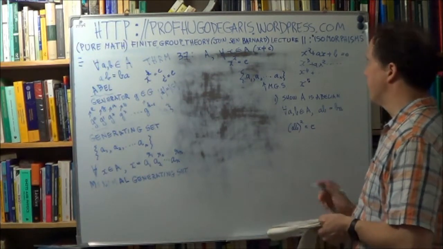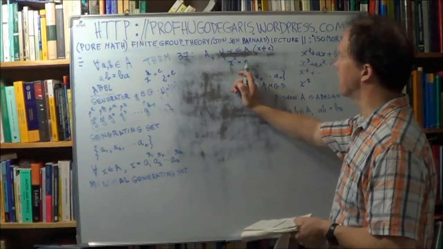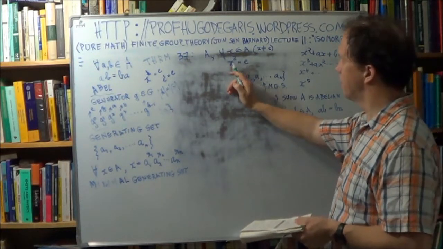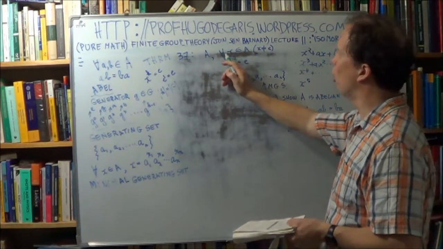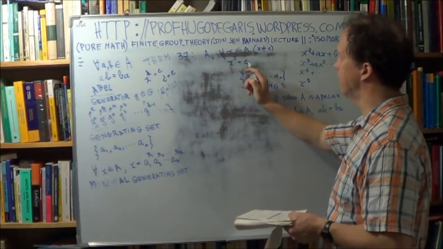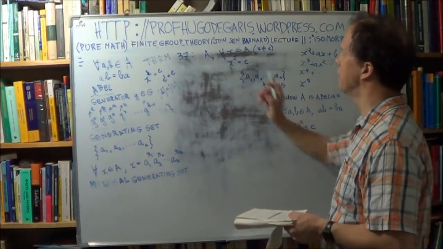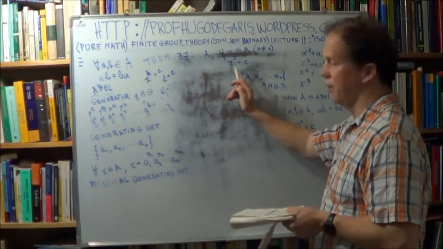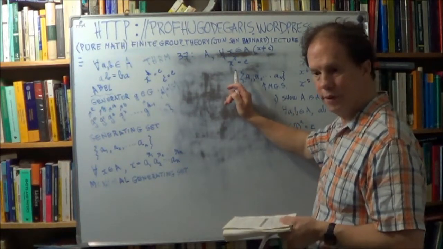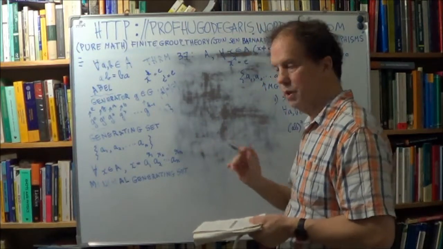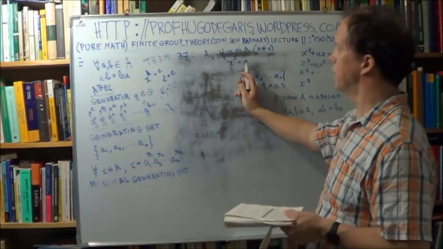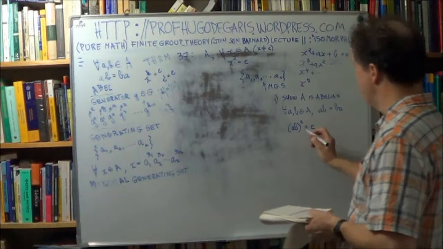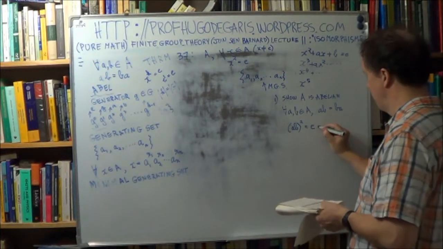Now even e squared is still e. So the squaring of all elements gives you e, but from that you cannot say that all elements are of order 2, because e is always the exception. It has order 1.